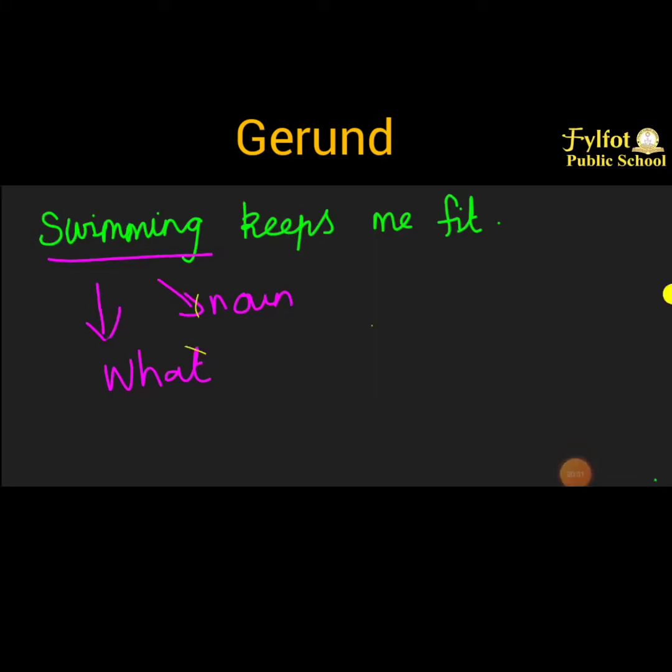So the main difference between gerund and participle is in gerund it acts as a noun and it answers the question what, and in case of participle we still add ing to the verb. But in participle, it doesn't act as a noun. So this is the difference.